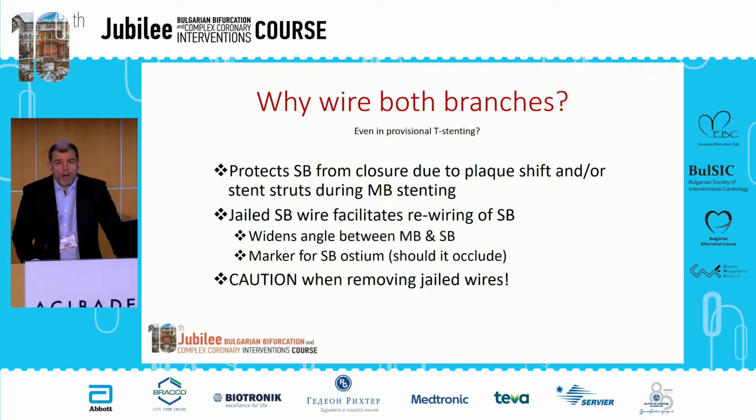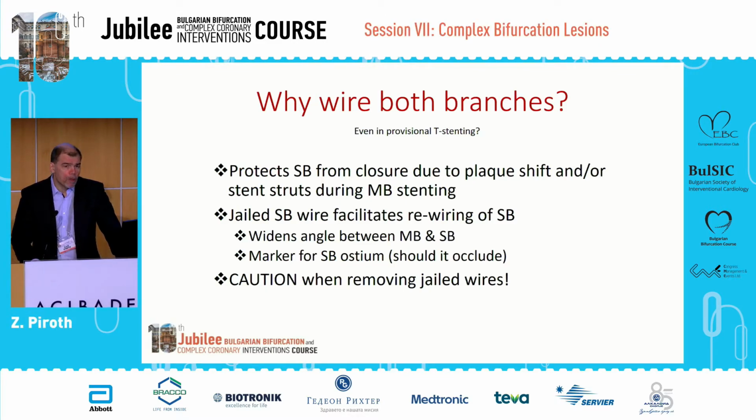So the first question is, why actually bother wiring both branches, especially if you're talking about provisional T-stenting, which is the default strategy in the majority of cases? Well, of course, wiring the side branch will protect it from closure should it occlude due to plaque shift and or the main branch stent struts protruding into it.